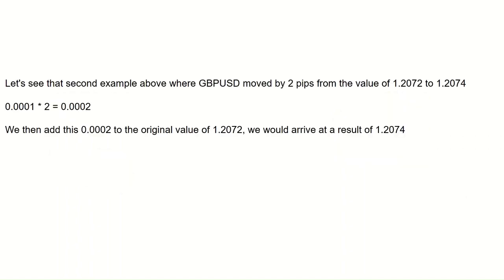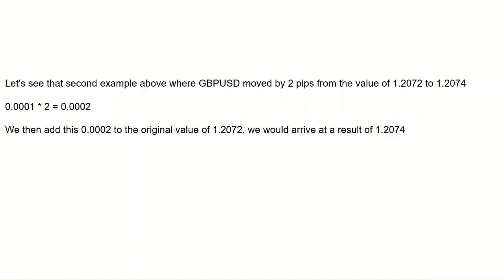Let me give you another example for clarity. GBP/USD again, 1.2072. That is the current market price. Let's see the second example above. It makes a movement of 2 pips from 1.2072 to 1.2074.